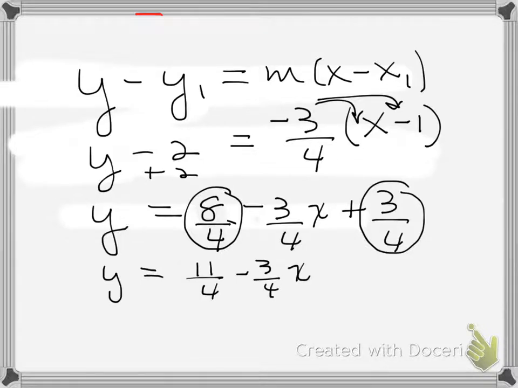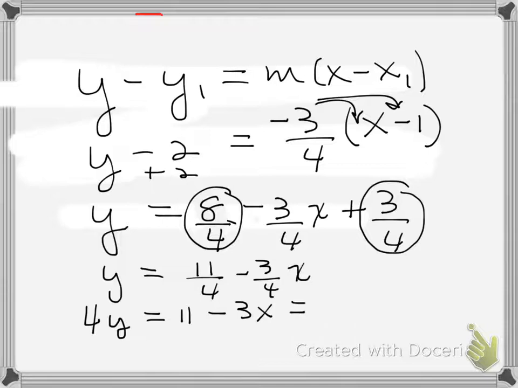Okay, almost there. What if we multiplied everything by 4 to get rid of the fractions? So if I do that, I end up with 4y equals 11 minus 3x.